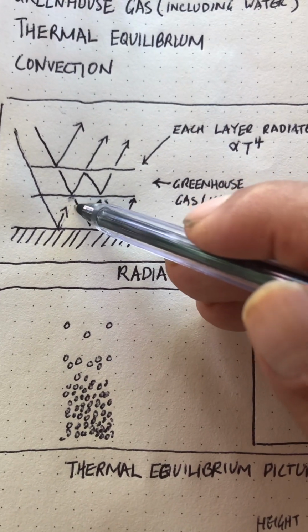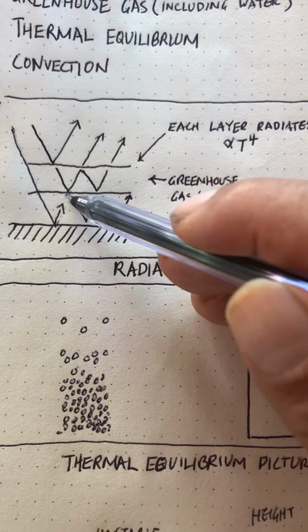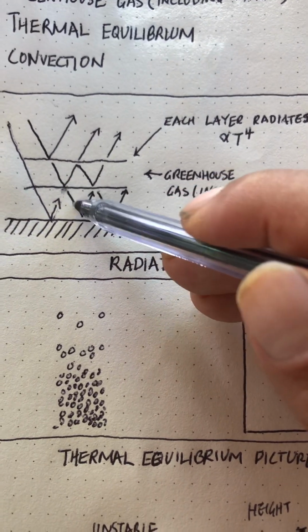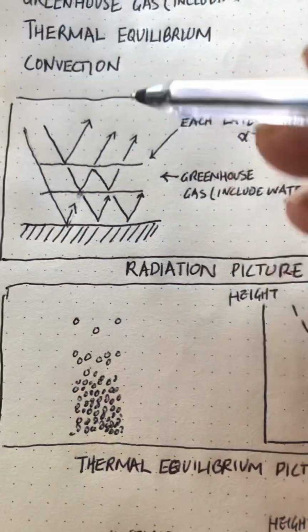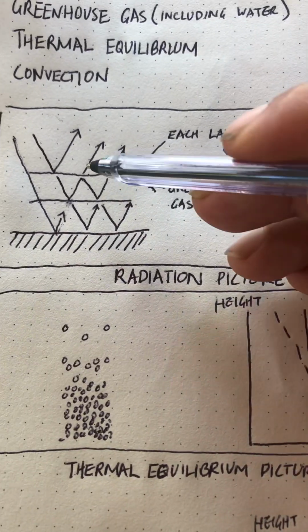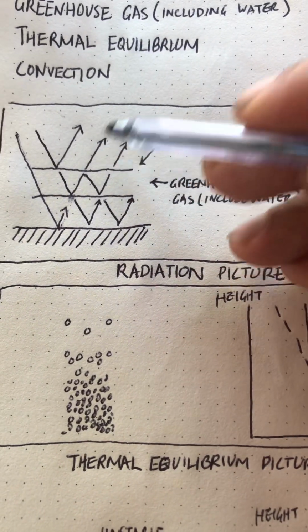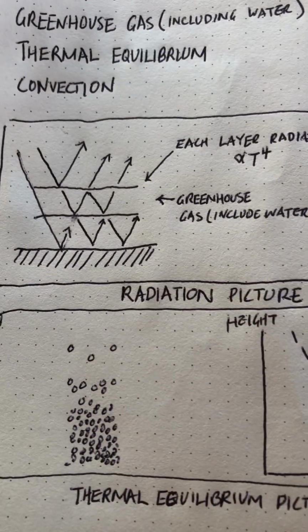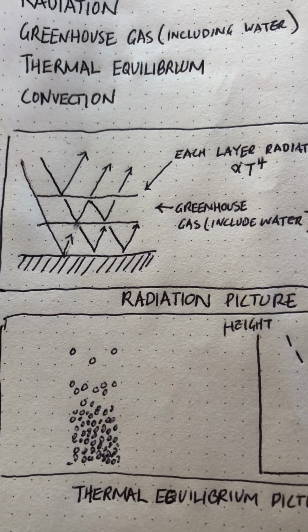And re-radiated. It actually radiates in all directions, but for simplicity, let's assume it just bounces back. And some of it actually goes through, and then it bounces back and forth, and some of it then increases and flows out to the atmosphere. So this is the basic radiation picture.